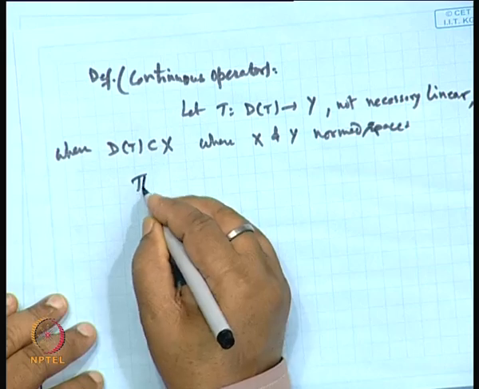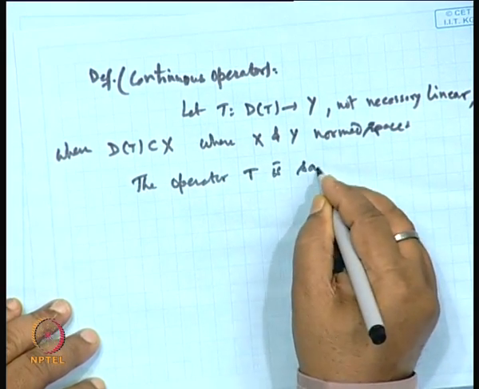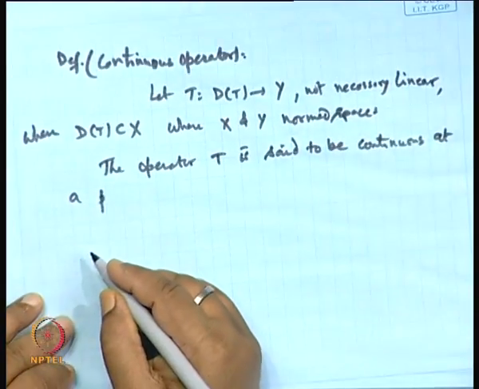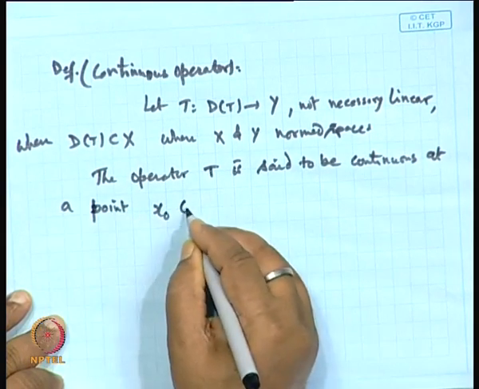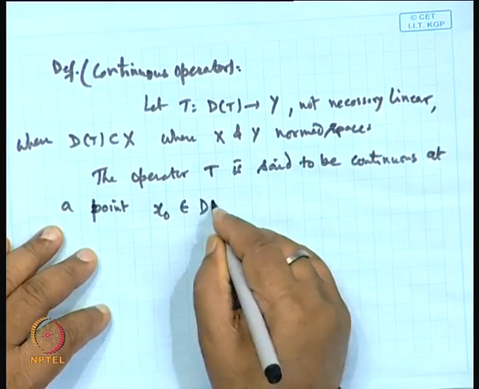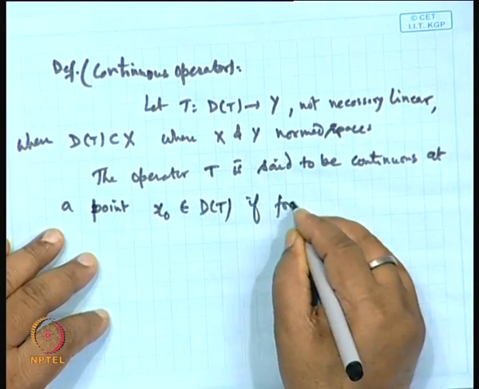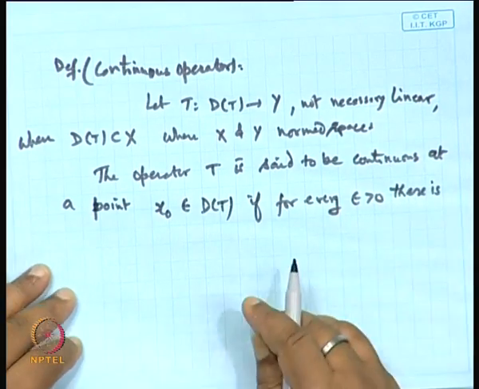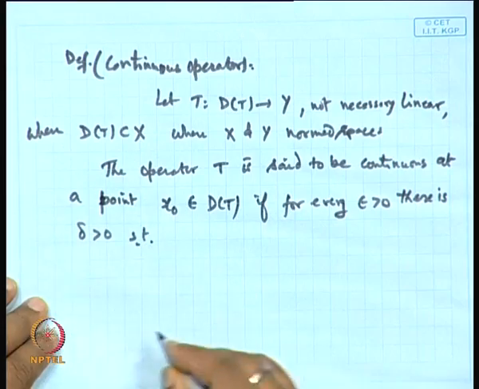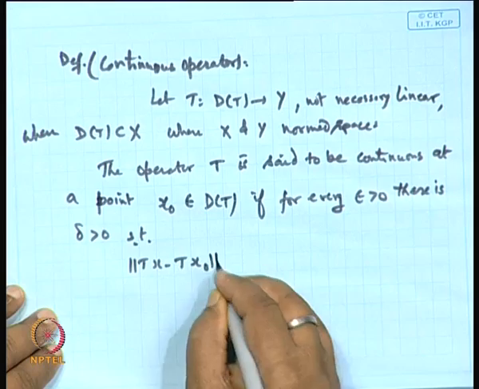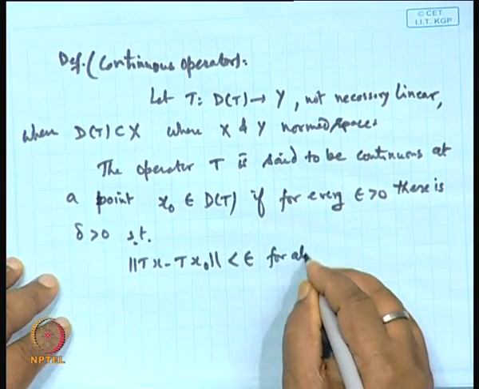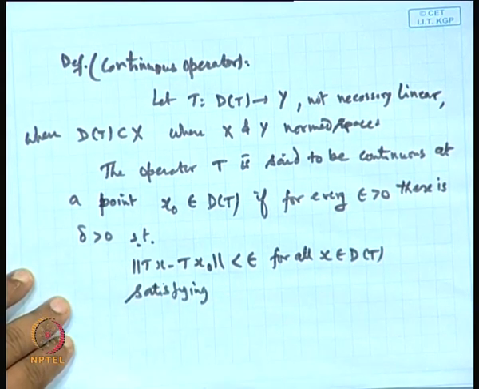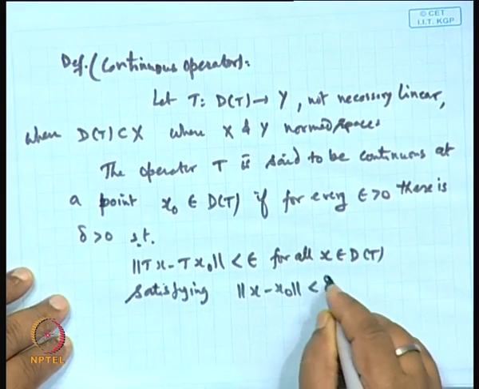We define the operator T is said to be continuous at a point x naught belonging to the domain D(T) if for every epsilon greater than 0 there is a delta greater than 0 such that the norm of T x minus T x naught is less than epsilon for all x belonging to the domain of T, satisfying the condition norm of x minus x naught is less than delta.